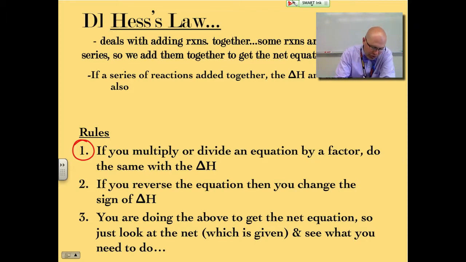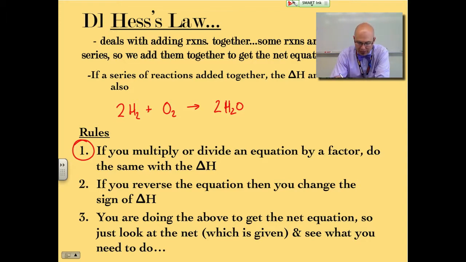So let's say I have an equation, 2H2 plus O2 yields 2H2O. Okay, so reaction between hydrogen and oxygen reacts to form water. And let's say the delta H, and I'm making this one up, I don't know what it is off the top of my head, but let's say we have a delta H of 100 kilojoules.